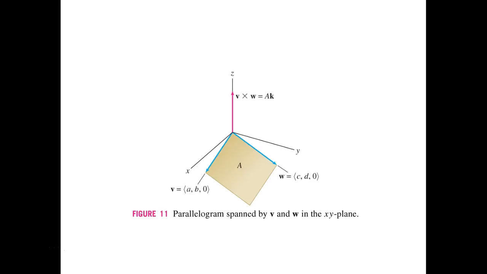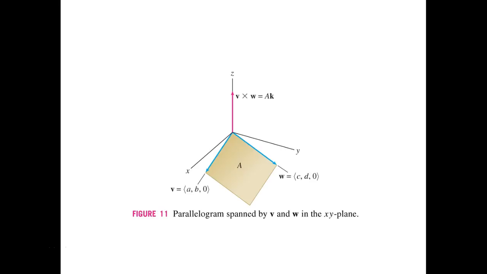By regarding V and W as vectors in R3 with 0 components in the Z direction, thus we write V as... Okay, I think I understand what they're saying here.